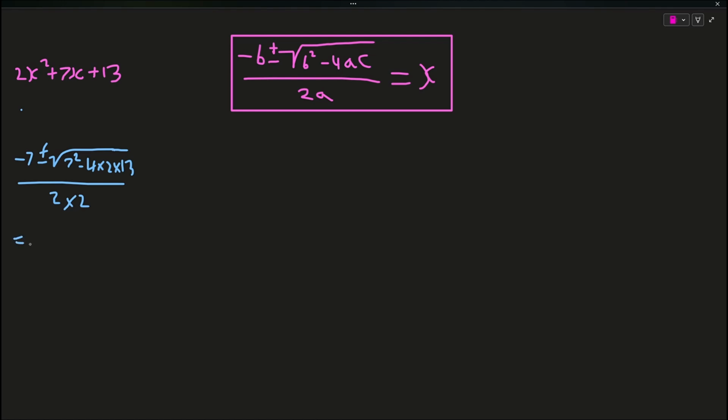So this is equal to minus 7 plus minus the square root of 49 minus 104, because we calculated that earlier. So 2 times 2 is 4.